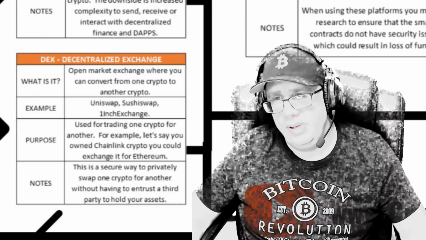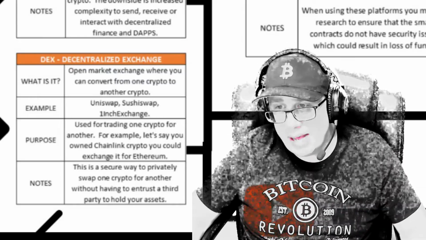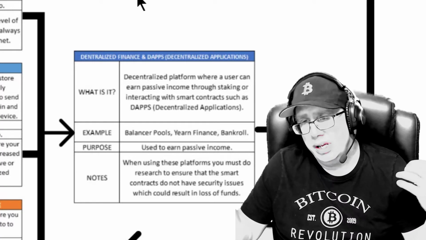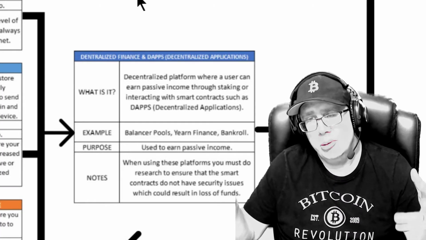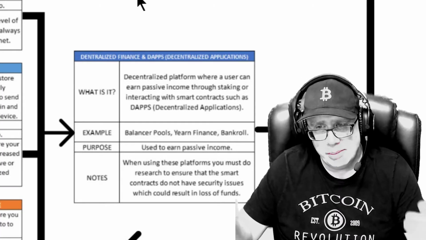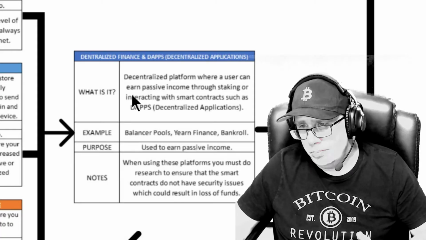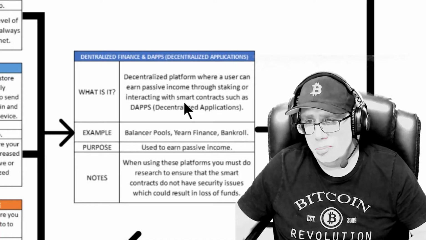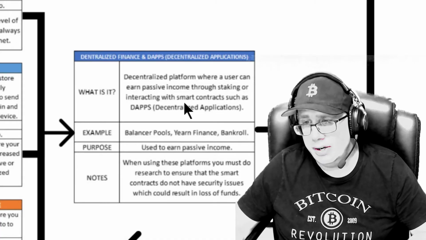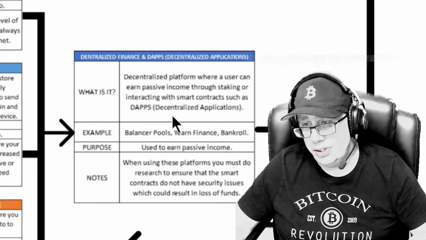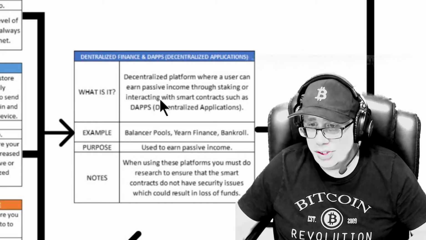All right, next we have decentralized finance dApps and applications. So if you're watching this channel, you hear me keep talking about dApps and passive income. These are basically decentralized platforms where you can earn passive income through staking or interacting with smart contracts, such as dApps, decentralized applications.